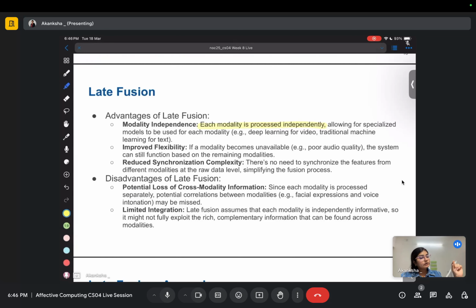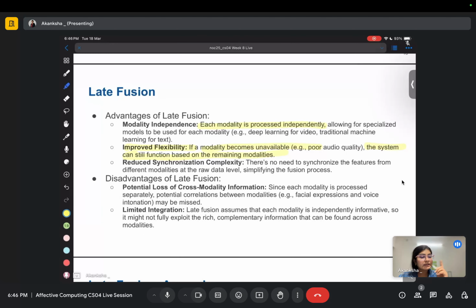Then finally, when you arrive at some result, you can combine. Also, let's say one modality is unavailable. Let's say your data was corrupted and the EEG signal did not record well. Now you can skip that part and just use the other two modalities. So it gives you more flexibility. If one modality is unavailable, the system will still function.